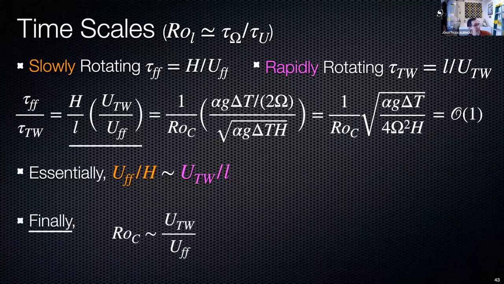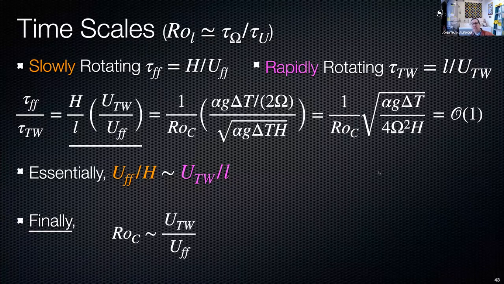Okay, what else can we see here? Well, if we take this line above, we see that h over L times the ratio of velocities is order 1. And again, h over L is 1 over Ro_C. So then we can also write that Ro_C can be thought of as the ratio of the velocity of the thermal wind to free fall.